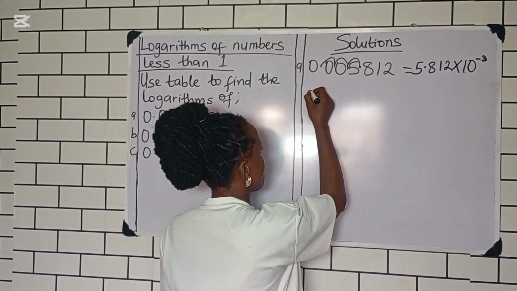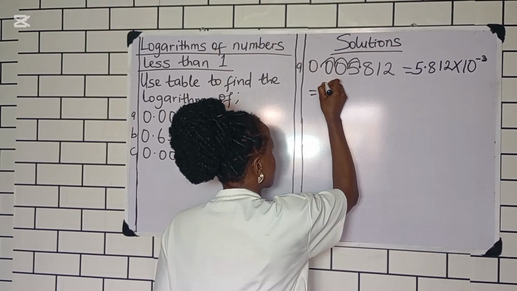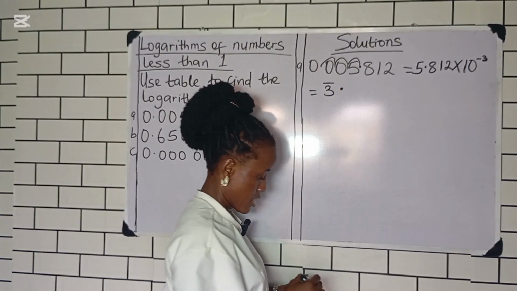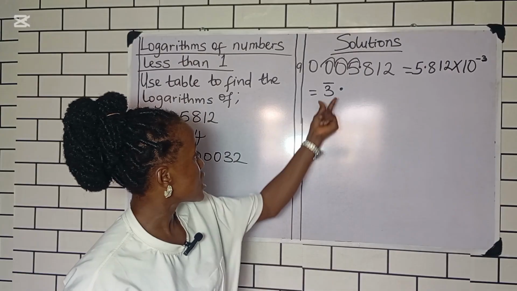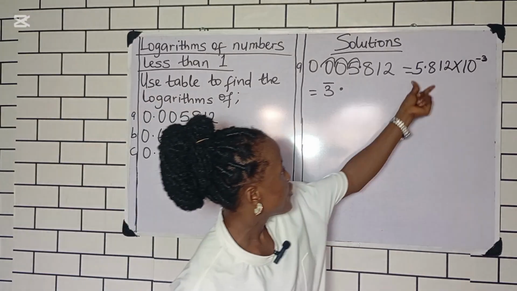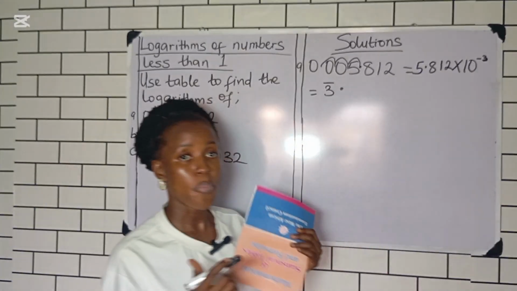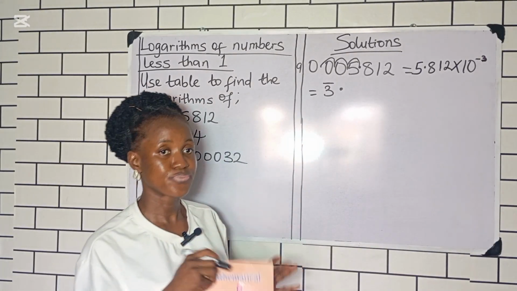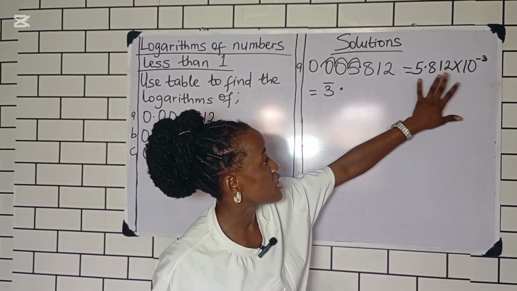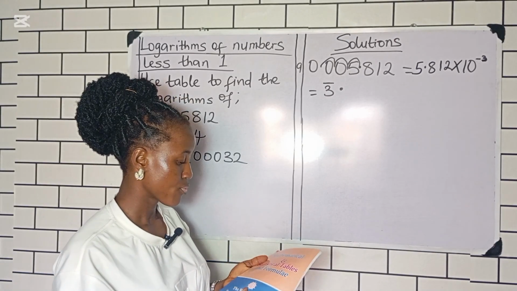And finding the logarithm of this number, this minus 3 will be bar 3 point. After getting our characteristic part, for the mantissa part, you have to look for 58 under 1, difference of 2, in your mathematical table.